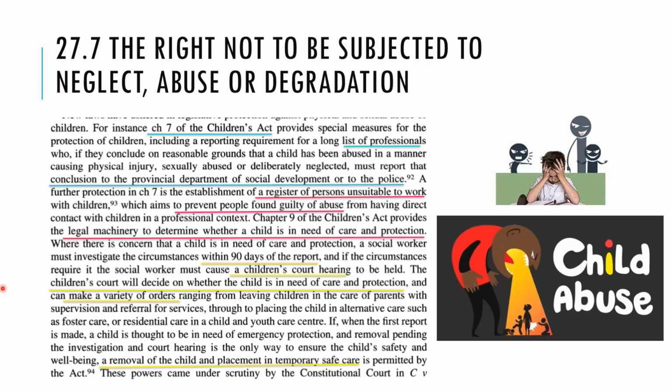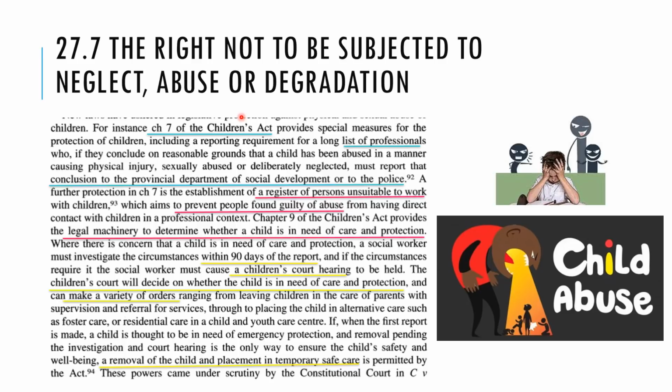If, when the first report is made, a child is thought to be in need of emergency protection and removal pending the investigation, a court hearing is the only way to ensure the child's safety and well-being. A removal of the child and placement in temporary safe care is permitted by this Act.